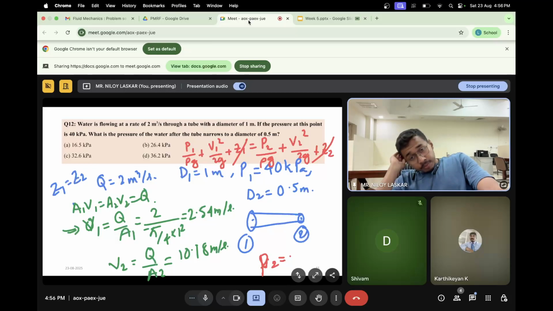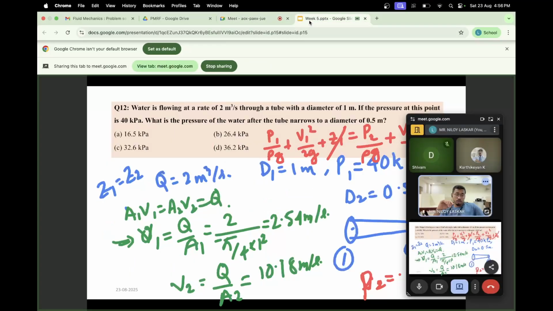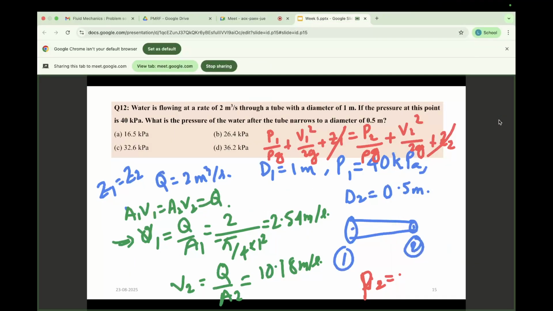Shivam says option D. Yes, the correct answer is option D, that is 36.2 kilopascal. So option D is the correct answer.